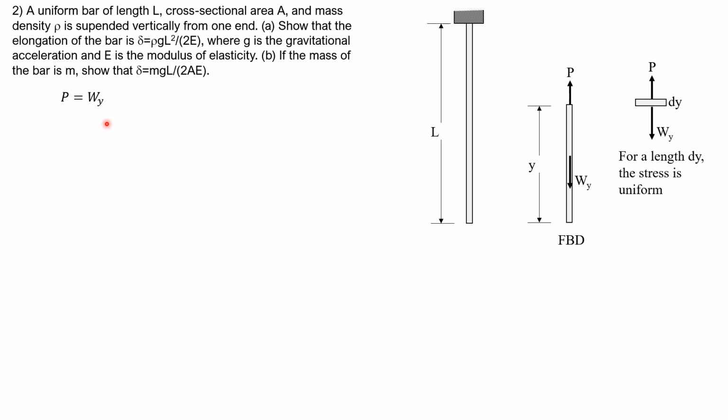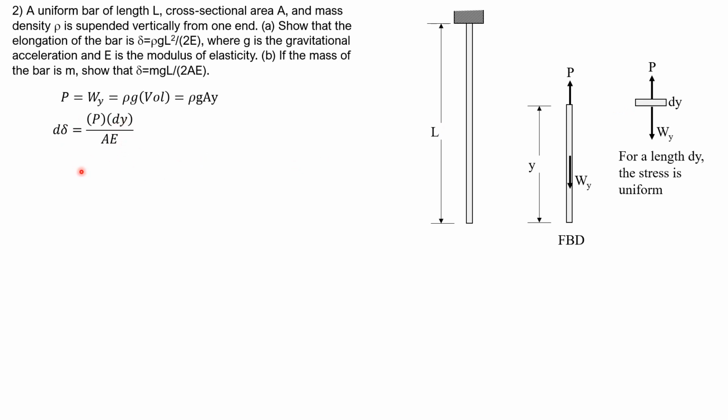So P is Wy, and it is equal to density times g times volume of the bar below this section. So the volume is equal to cross-sectional area times the length, which is y. So differential of deflection is equal to P dy over AE, because the length is dy, so that the stress below this section and above the section will be uniform, so that we can apply this formula.